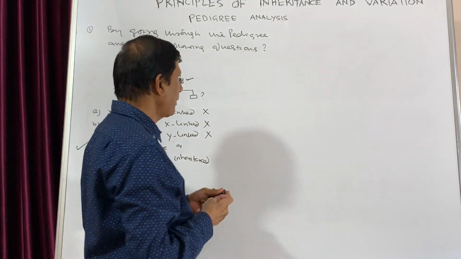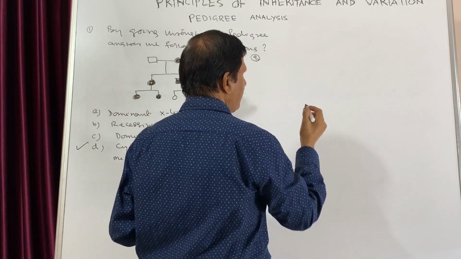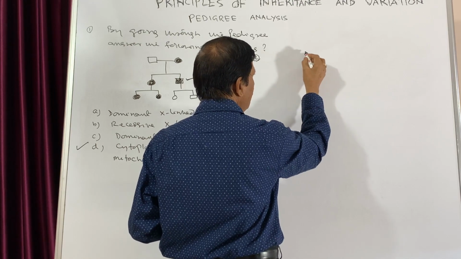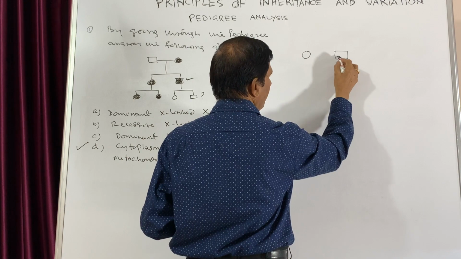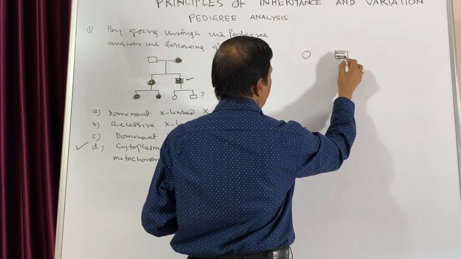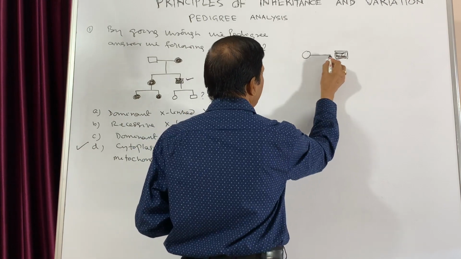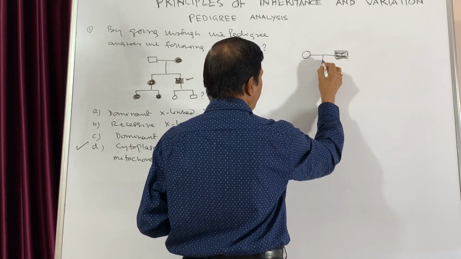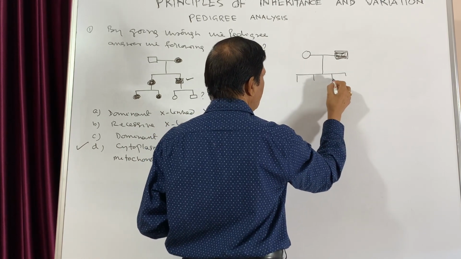Now, problem number 2. The second one is again, you study the pedigree first. So the male is a sufferer, but the female is not a sufferer. Now they have 4 children.